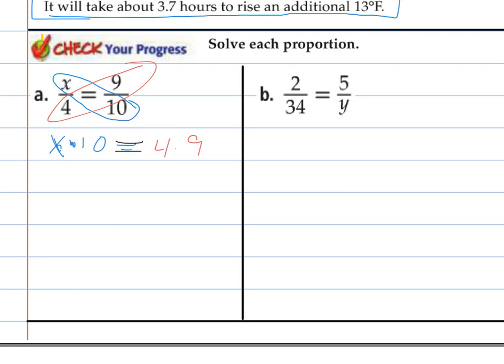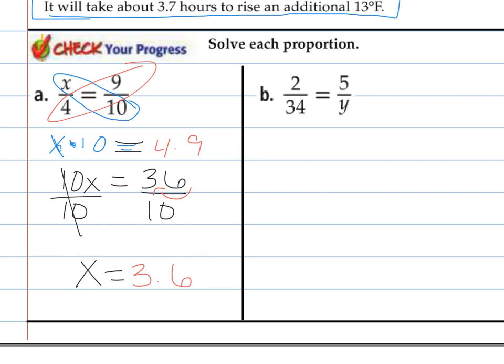So what we get then is 10x, the number comes first, is equal to 36. One-step equation, we want to undo multiplication, so we divide by 10 on both sides. 10 divided by 10 is 1, so we get 1x. Any number divided by 10 is really moving the decimal place. So 36 divided by 10 is 3.6.